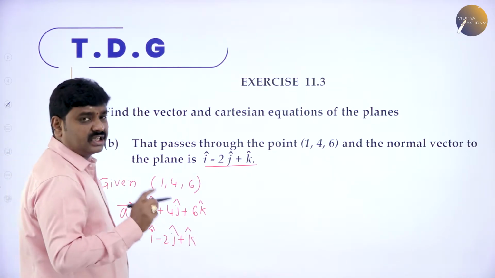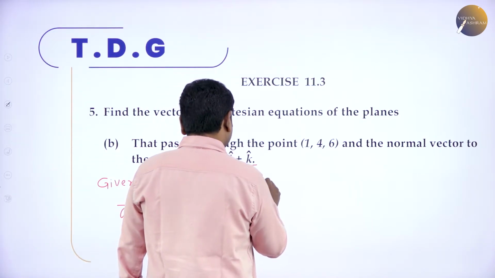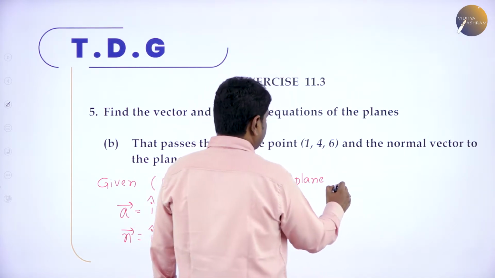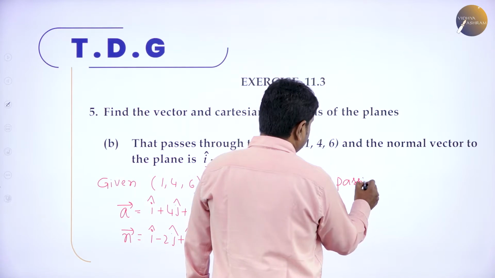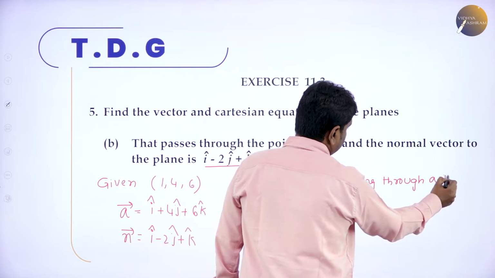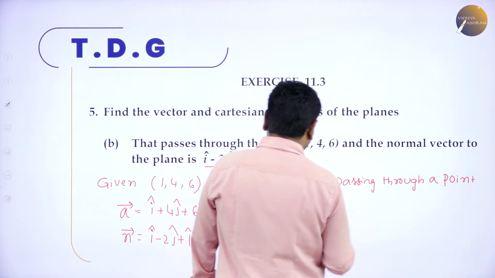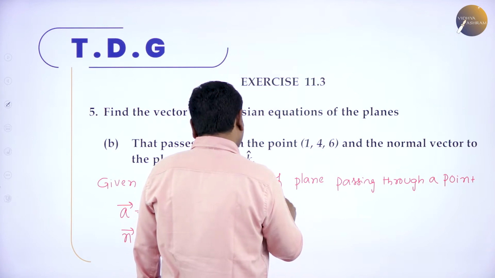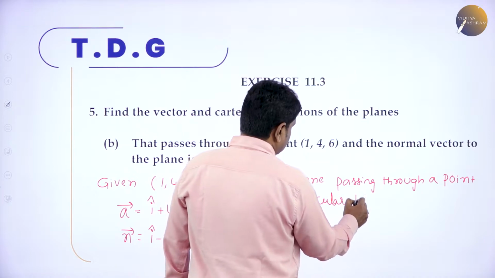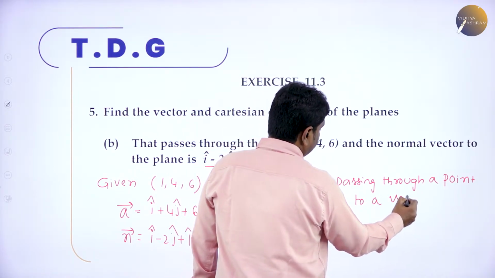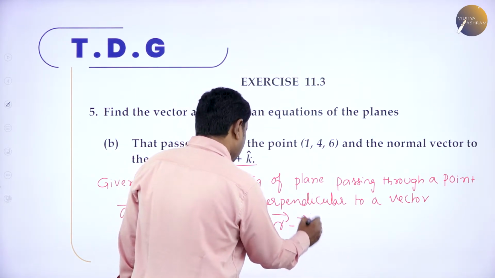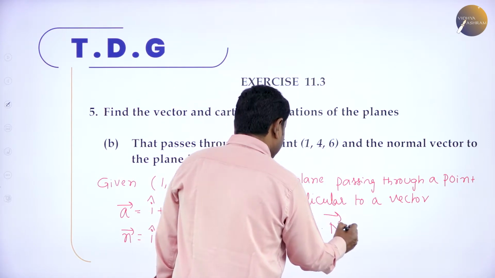Now we need to write the equation of the plane. The equation of the plane passing through a point and normal, or we say perpendicular, to a vector, we can say vector N, is r minus a dot vector n is equal to 0.